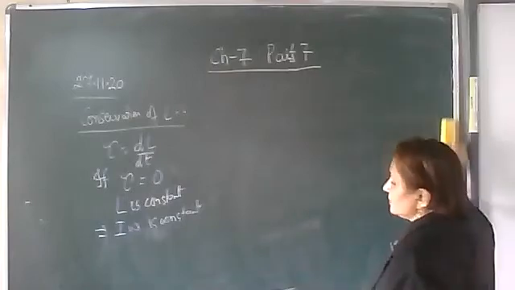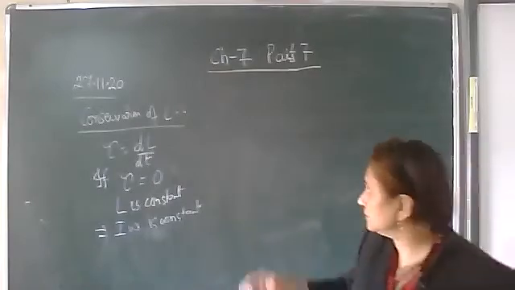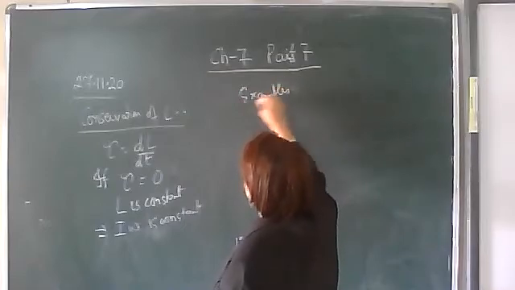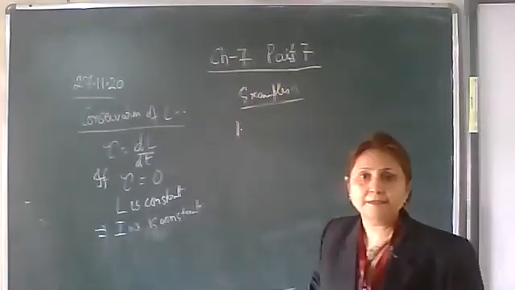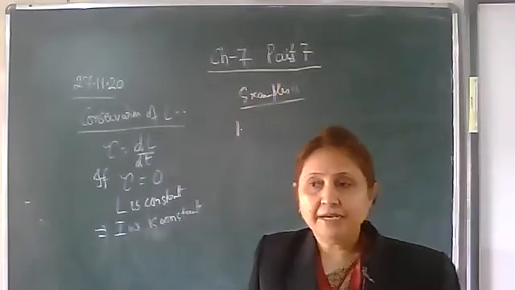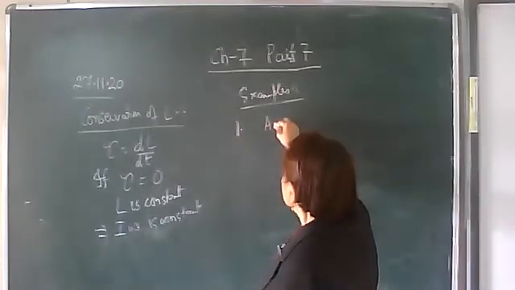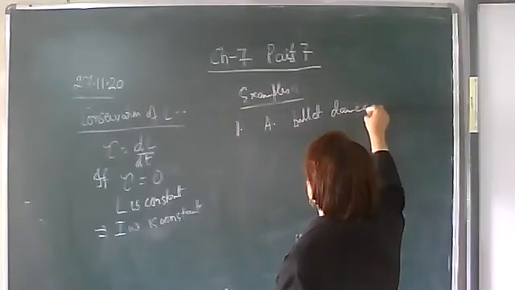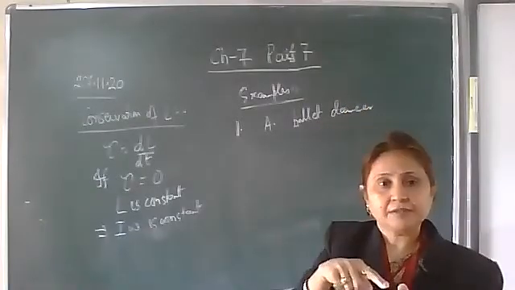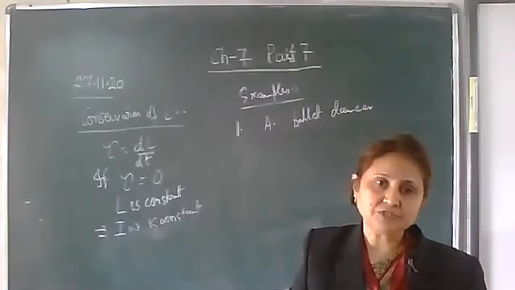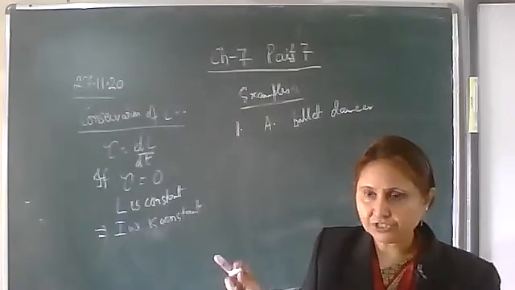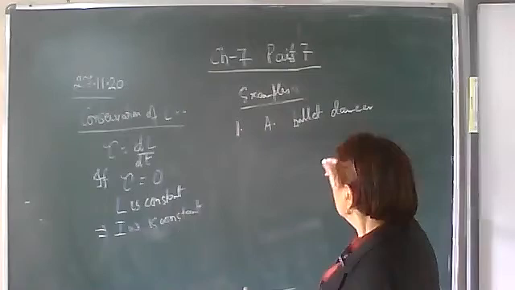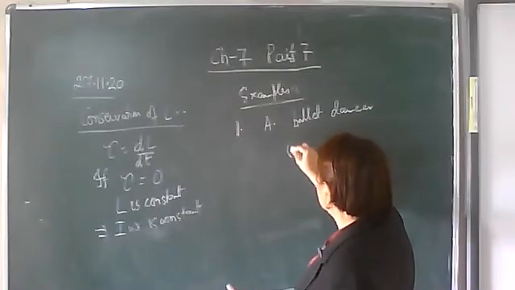The first example is a ballet dancer or a circus acrobat. While they are rotating, when they stretch their arms and legs, what happens? R increases. Let me make a figure.